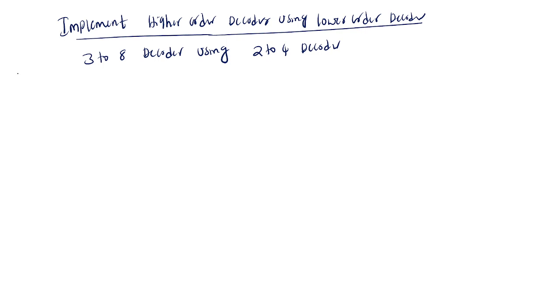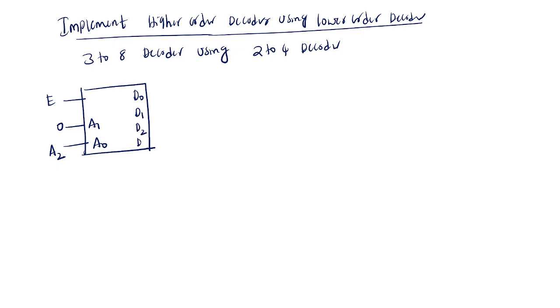First, 3 to 8 decoder means 3 inputs and 8 outputs. First take one 2 to 4 decoder. This is the enable pin, and here A1 and A0 are the inputs, and four outputs D0, D1, D2, and D3.